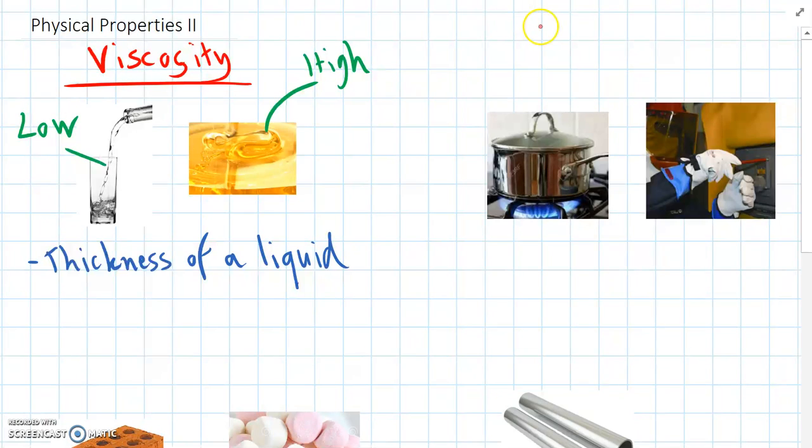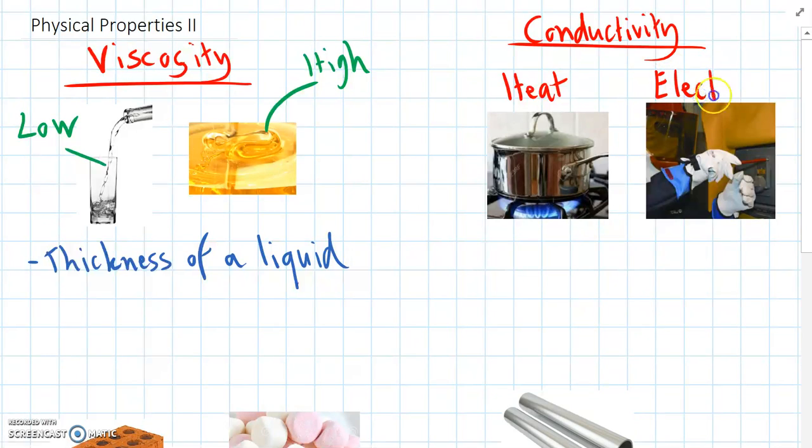The next one we'll look at is conductivity. And when we're talking about something conducting, we can talk about either heat conductivity or electrical conductivity. And when we're talking about heat, we're saying how easily does heat flow through a material.